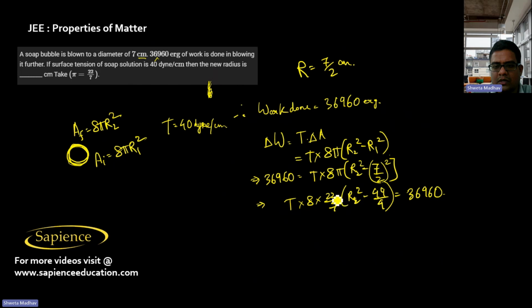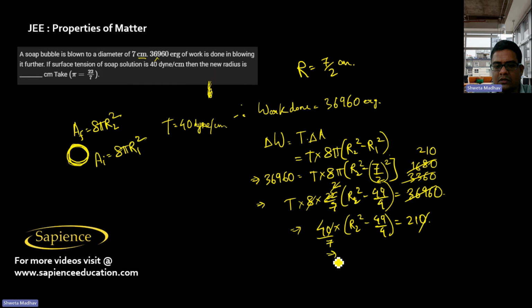Now with 11 I can cancel. 11 3s are 33, 11 6s are 66, 0. Then with 8 I can cancel, 8 1s are 8, 0. So then it means surface tension is 40, so 40 by 7 into r2 square minus 49 by 4 is equal to 210.